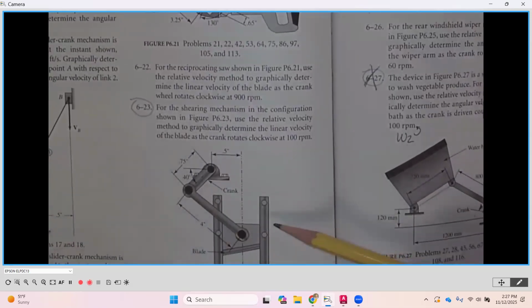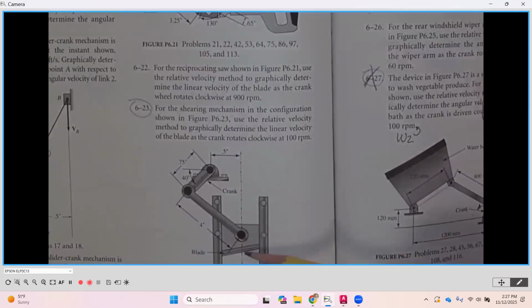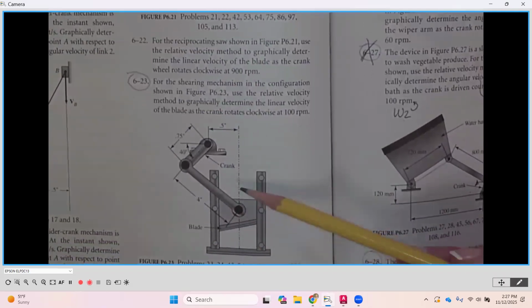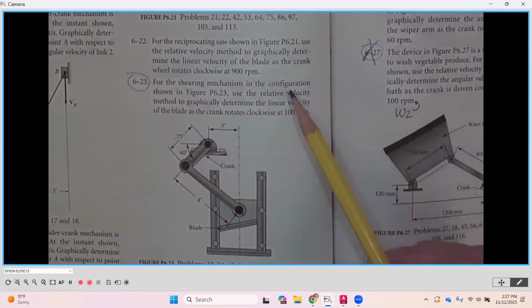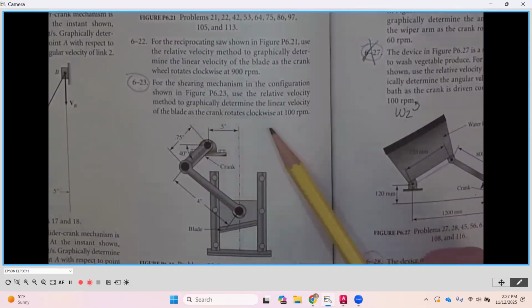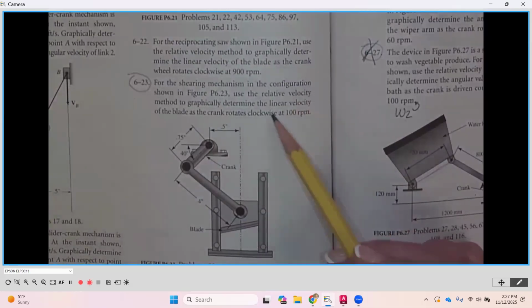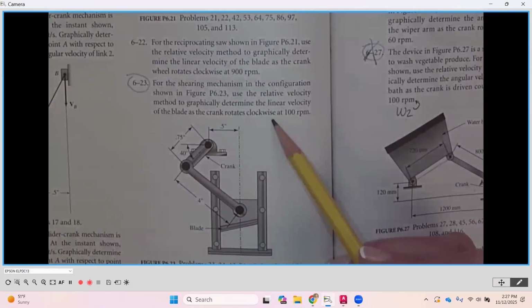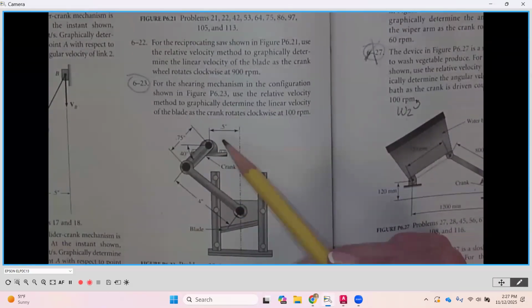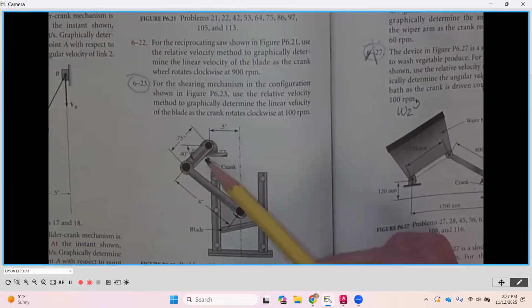The next one that you have is going to be 623, for the shearing mechanism that we see here. So we have a blade going up and down. This is going to be your slider, and this is your crank right here. Using the relative velocity method, determine the linear velocity of the blade as the crank rotates at 100 RPMs clockwise, this way.